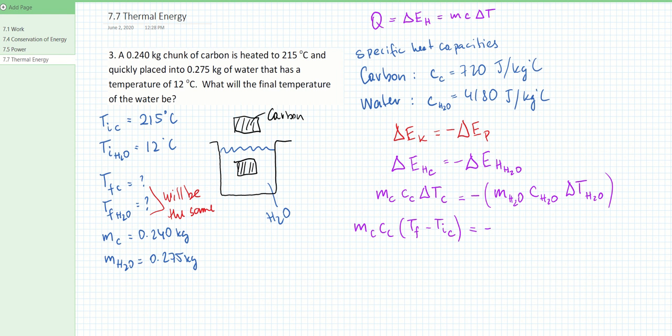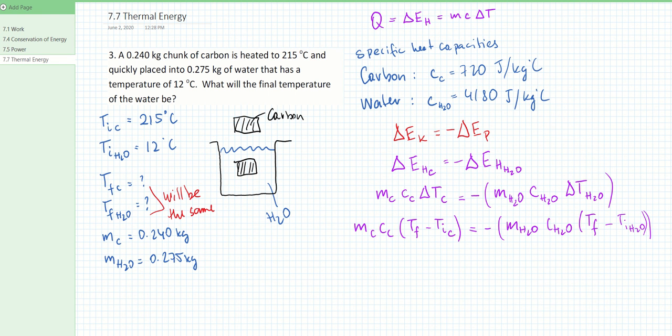Equal to negative parentheses mass of the water, specific heat of the water, times, again, T final. I'm not going to use a subscript because it's going to be the same as the other, because that's what I'm going to try to solve for, and minus the T initial of the water, so Ti H2O. Close all the brackets here.